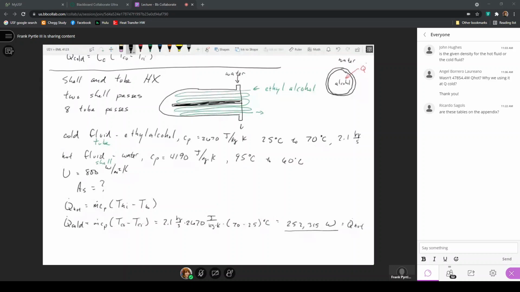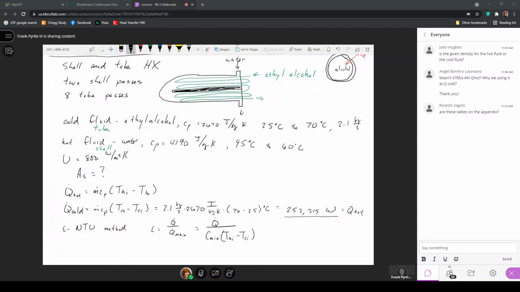So here, the effectiveness NTU method says that the effectiveness is Q dot over Q dot max, where Q dot max is the minimum capacity rate times (T hot in minus T cold in).